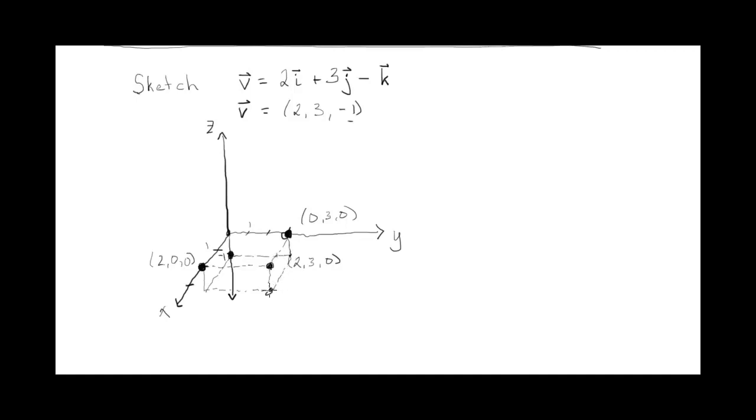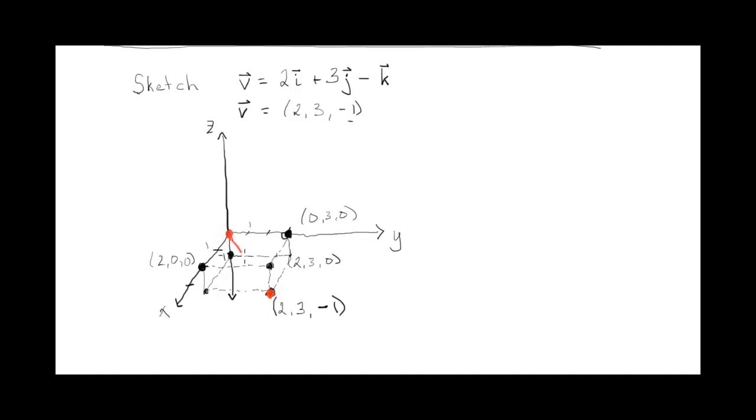So there's my rectangular prism. And the point I'm looking for would be this one, 2, 3, minus 1. So my vector v that I'm looking for starts at the origin and ends at 2, 3, minus 1.